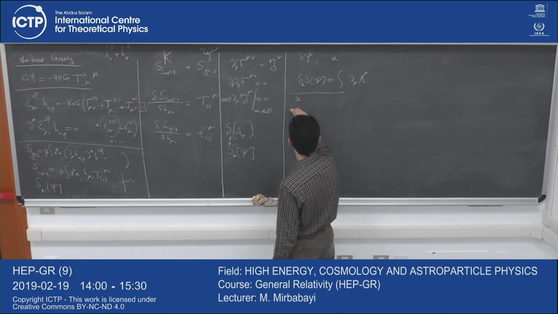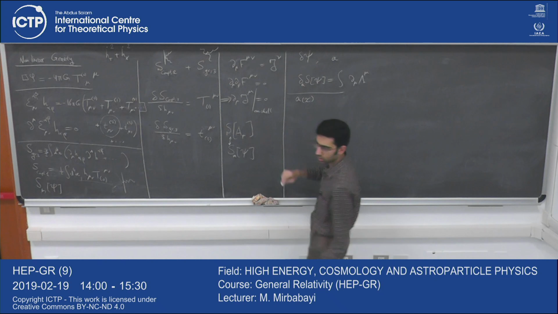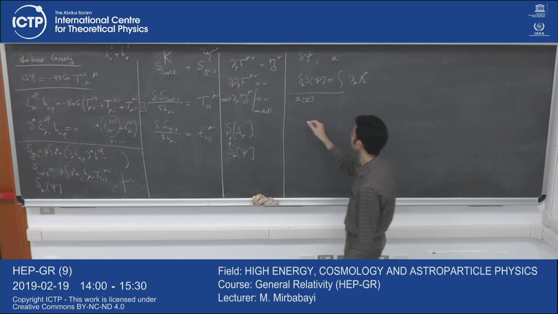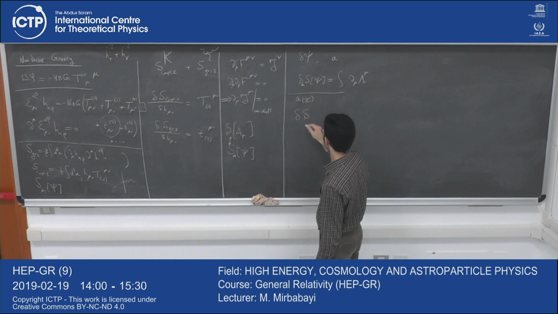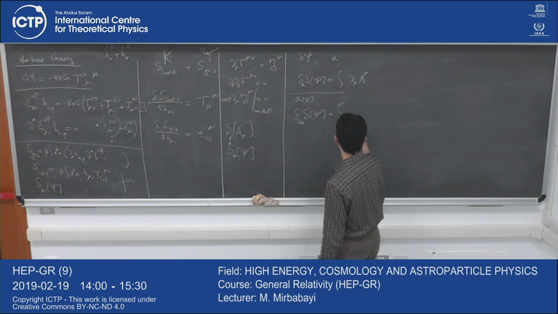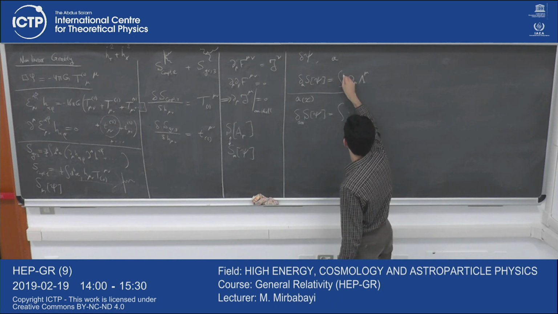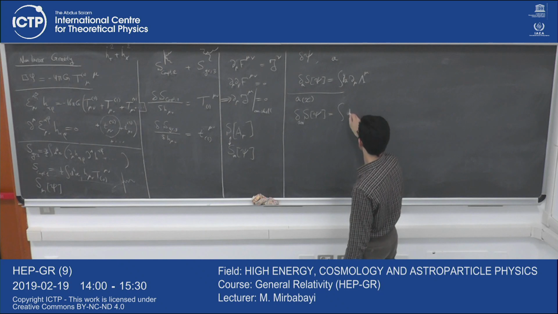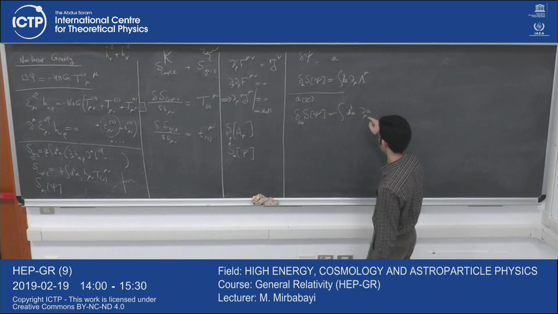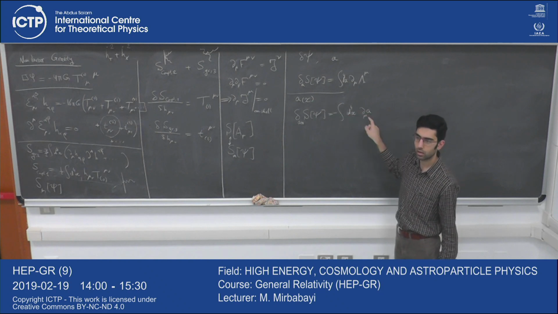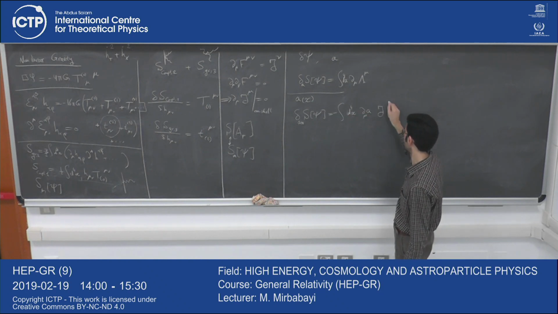Now, if we promote this A to be an arbitrary function of space-time, then delta of S of psi is going to be given by d4x, maybe a minus sign, d mu of this parameter A of the transformation times the current.